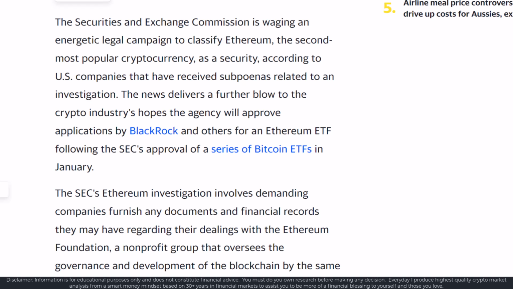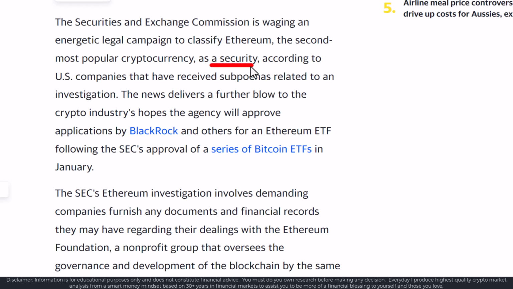When looking at the news, it's really important to separate noise from signal, or noise from fact, and try to understand why things are occurring. What is the SEC trying to do? It's trying to classify Ethereum, which is the second largest crypto, as a security. Now, what does this actually mean?